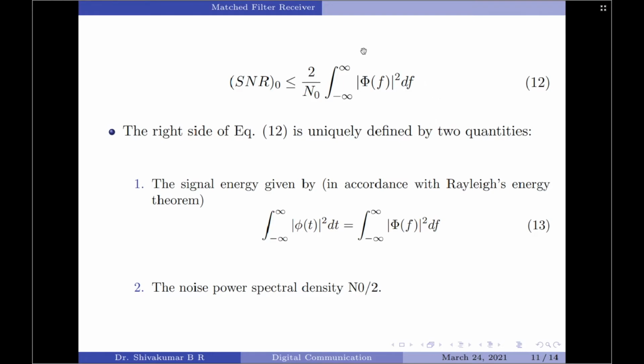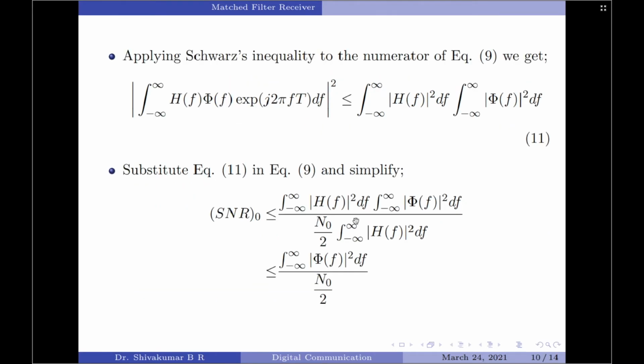Further, from equation 12, we note that the output signal to noise ratio will be maximum when, coming back to the SNR equation here, the term h of f is chosen such that the less than or equal to symbol is replaced by an equal symbol, because the maximum SNR is given by the equal symbol here.